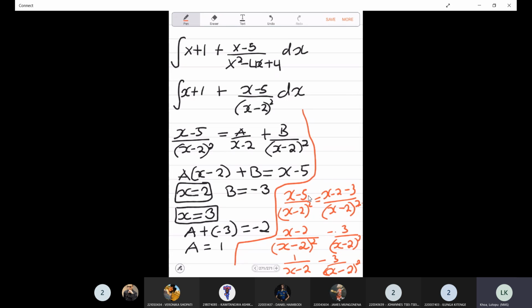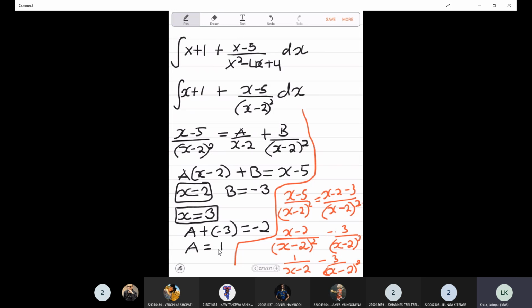Okay, so this is a shorter way of decomposing it into its partial fractions, which is not always possible, but you can do it like that. Instead of let x equal to this, let x equal to that, and then solve it. So here you can see I have 1 over x minus 2, and then minus 3 over x minus 2 squared. Okay, but that's confusing. Do it this way.